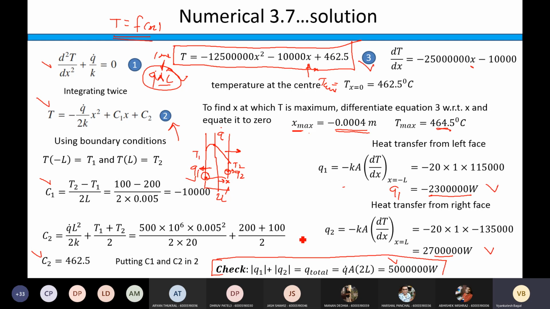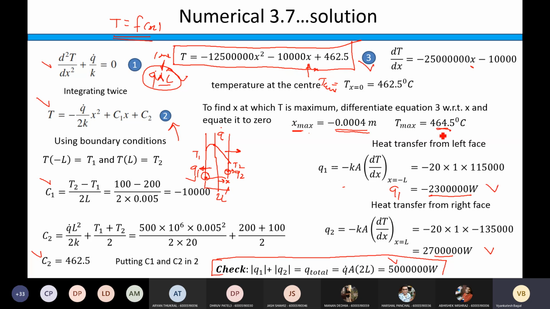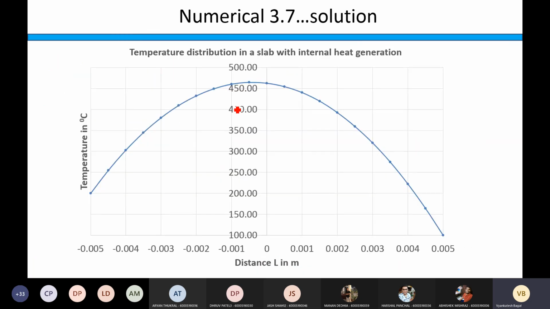I have only taken one sample example of the second case, different temperatures. If you plot the different temperatures, they will look like this. So this is the left face of this slab, this is the right face of this slab, and you are getting the maximum temperature somewhere here.